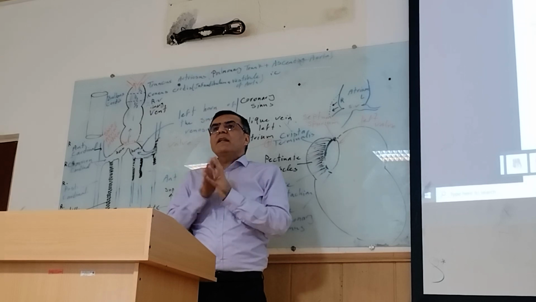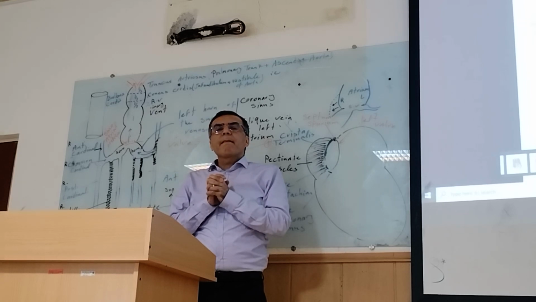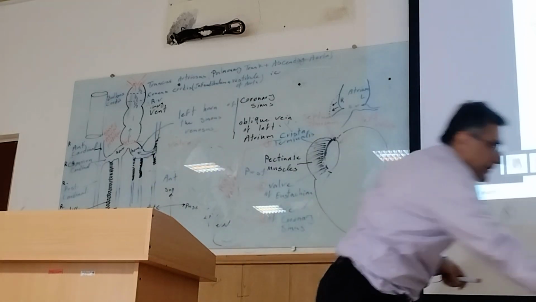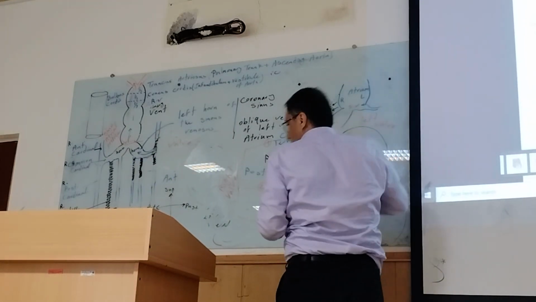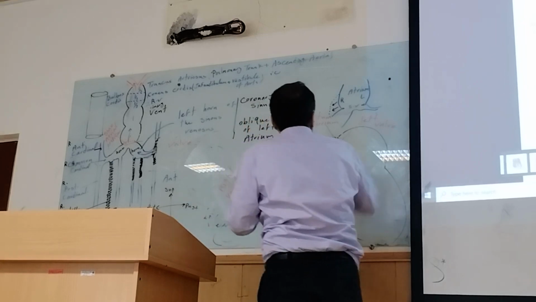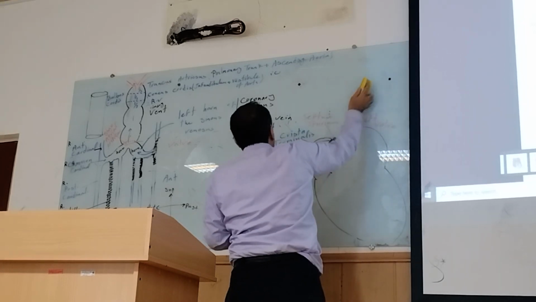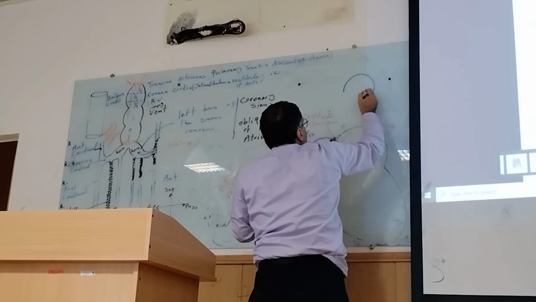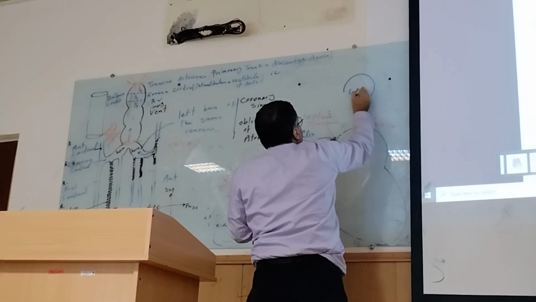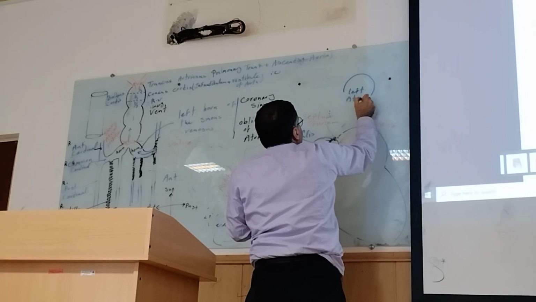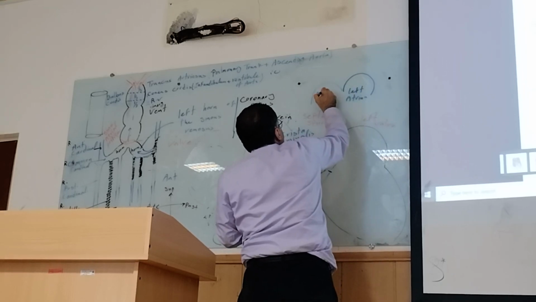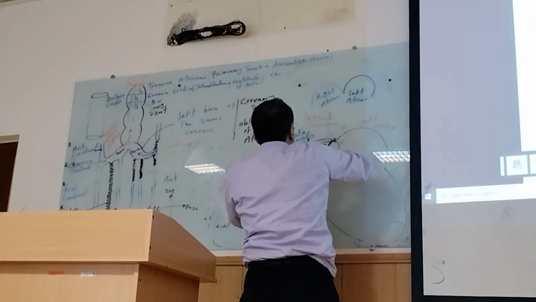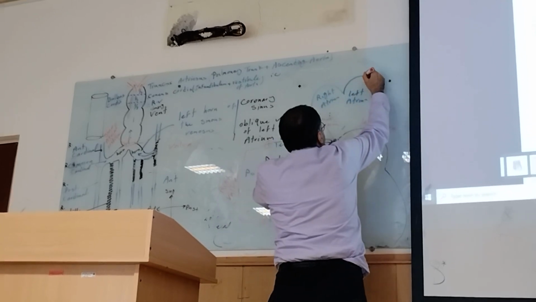The auricle is made by... I want to count here. Here is the left side, the left atrium. This is the right atrium. Here we have one vein.